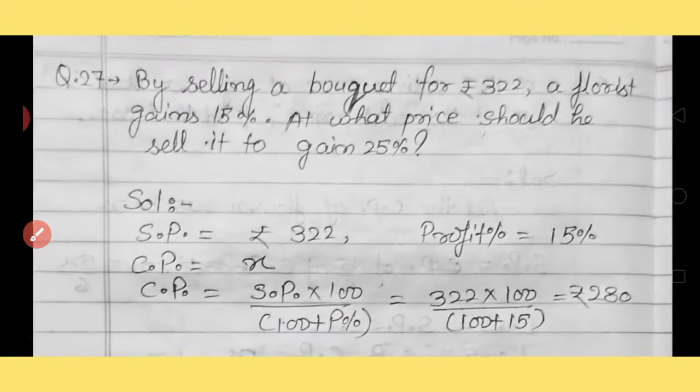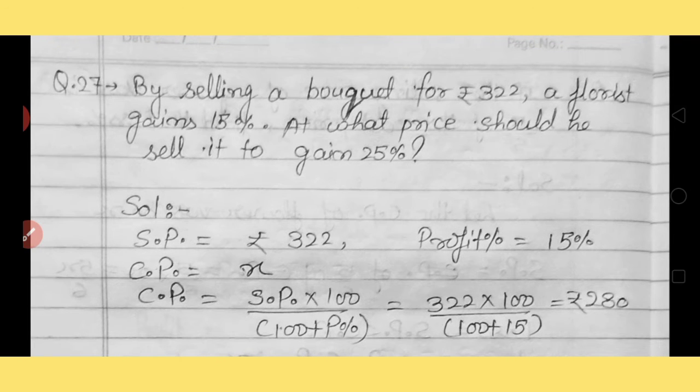Next question. It has given that by selling a bouquet for rupees 322, the florist gains 15%. At what price should he sell it to gain 25%? Listen, the selling price is given and the profit percentage is given, but the florist wants the 25% gain price.